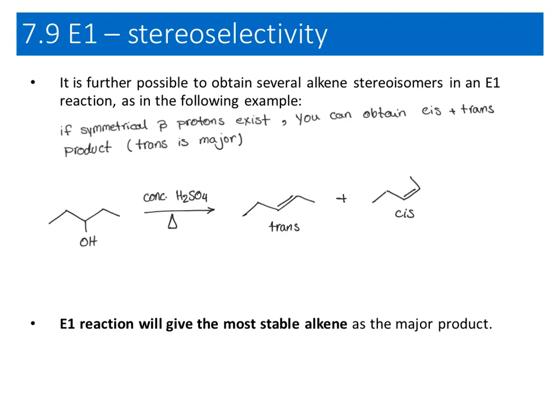So this alcohol is symmetrical, so we have 2 beta positions and they are identical to one another, so we are going to form trans and cis isomer. Trans is the major product and this is minor. Now if you are interested in the percentage, we are going to get 75% of this and 25% of that one.